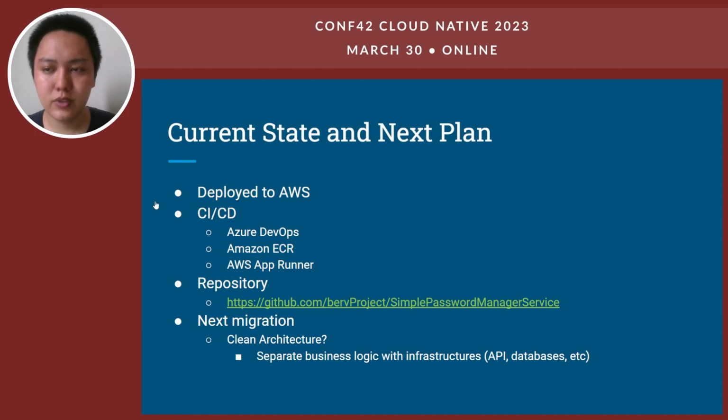Also, I host my web application on AWS App Runner, which uses the Docker image from Amazon ECR. As I mentioned, the repository is open source. Feel free to contribute or give feedback in the repository. You can check the link.